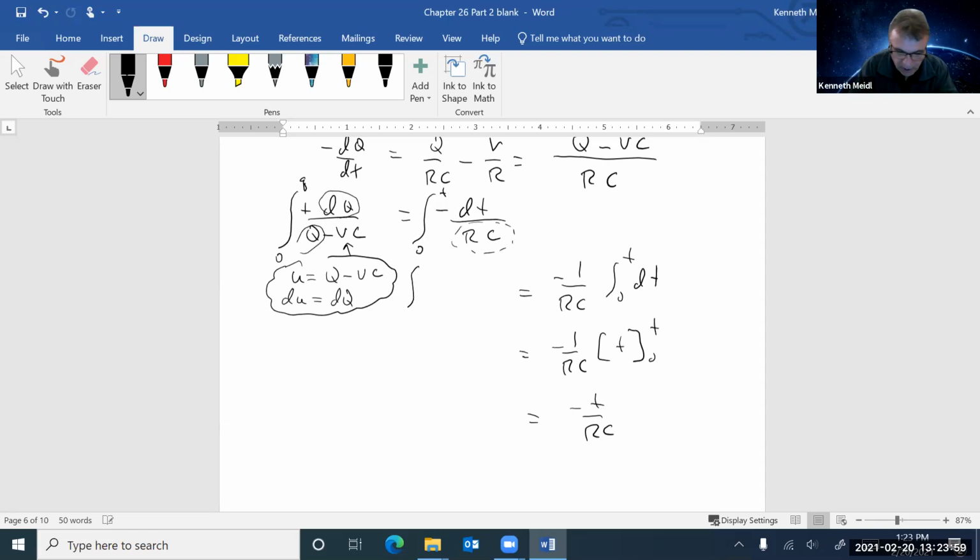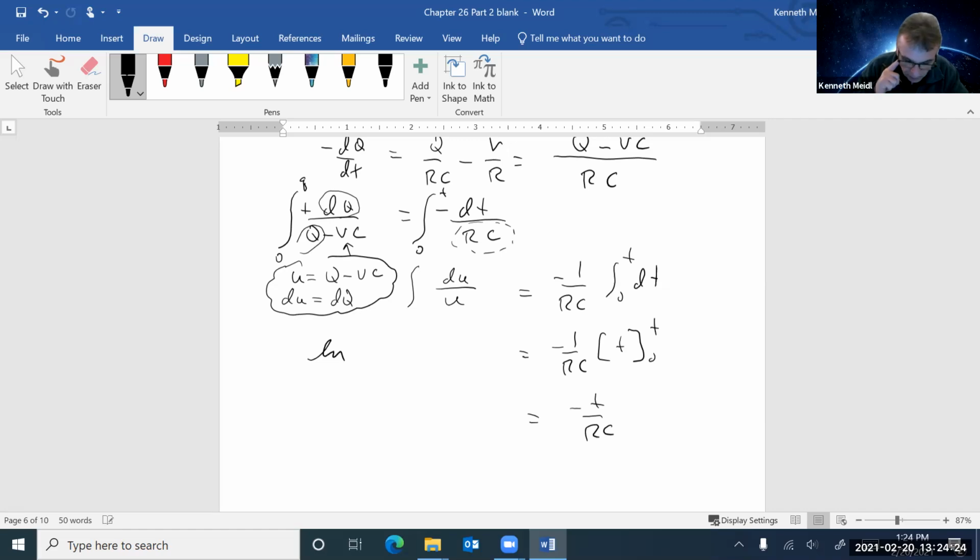I'll have to go back to my limits in a little bit. But du equals dq, so dq can become a du, and then on the bottom I just have a u. Okay, that's something that I can integrate too. That's a natural log, right? And so this comes out to be a natural log of u.